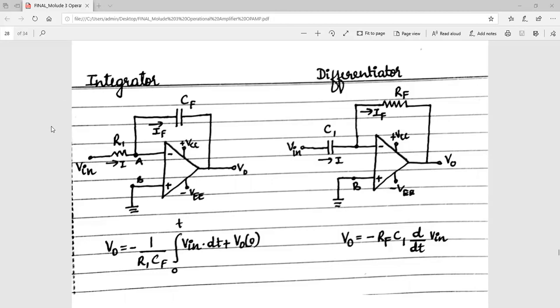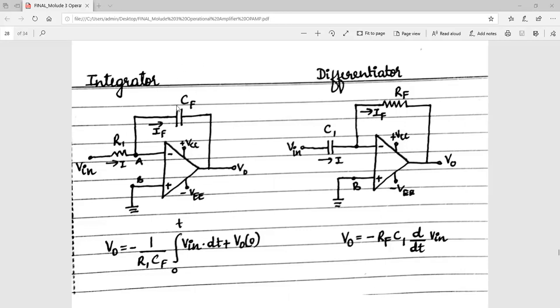So if you know the circuit diagram of integrator, you will easily be able to draw the circuit diagram of the differentiator. So if you see here, the input is applied to the inverting terminal, the non-inverting terminal is grounded, and here at the feedback we have a capacitance, and at the input we have a resistance R1.